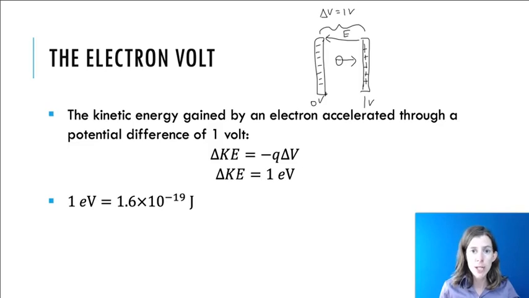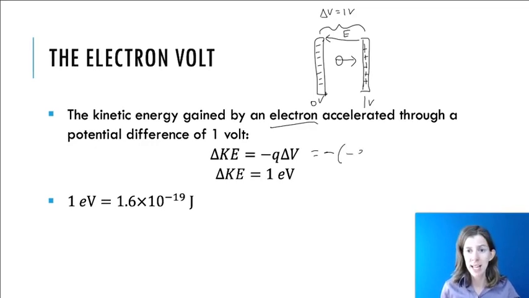We know the equation for the change in kinetic energy is negative q delta V. So all we have to do is plug in what we know for each variable and see what happens. We have the negative here. The charge of an electron is negative e, right?